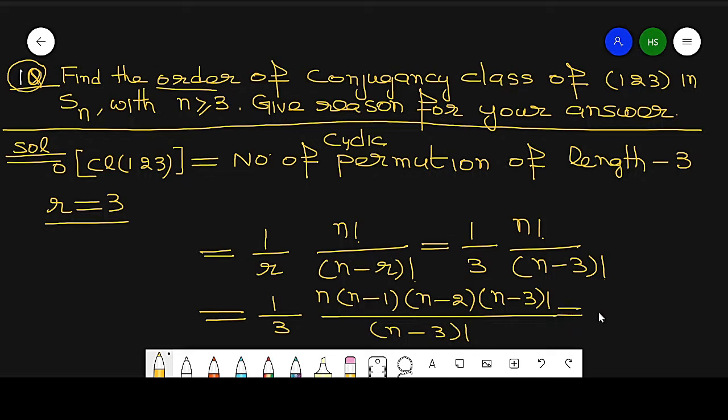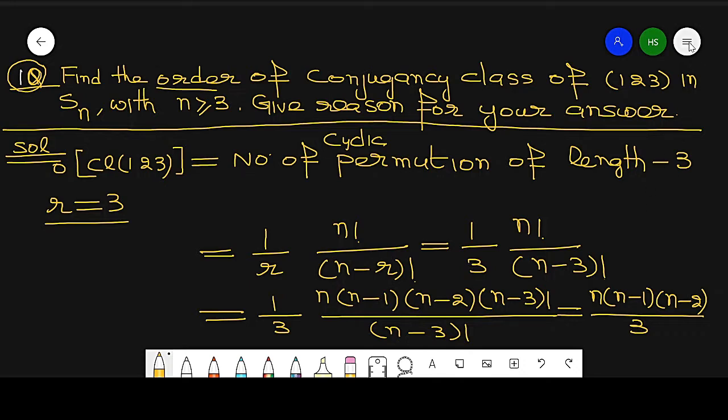So this value is equal to n(n minus 1)(n minus 2) over 3. This is the order of the class of (1 2 3). In this way we can find the order of the class of (1 2 3).